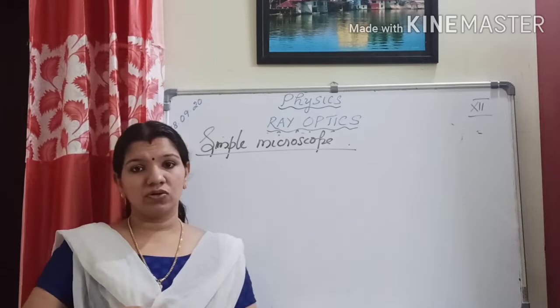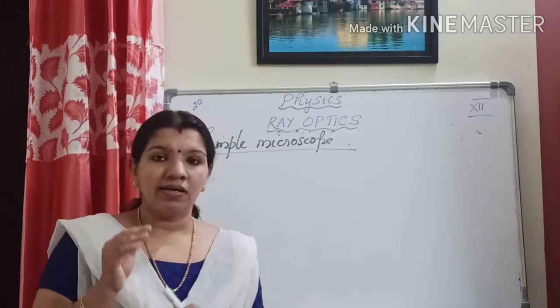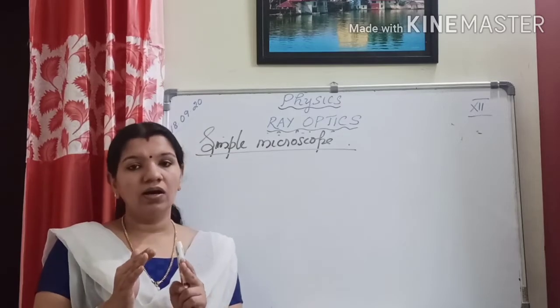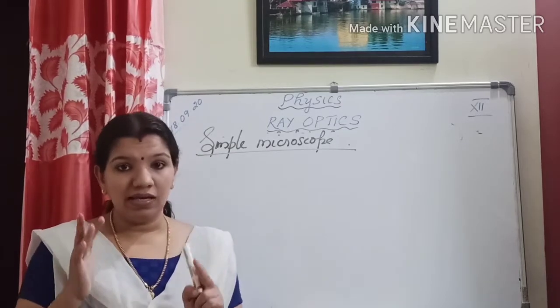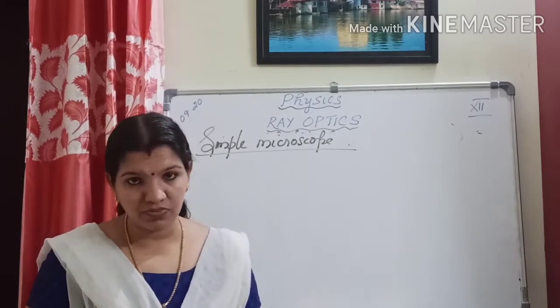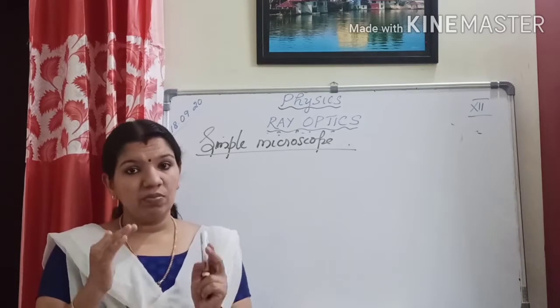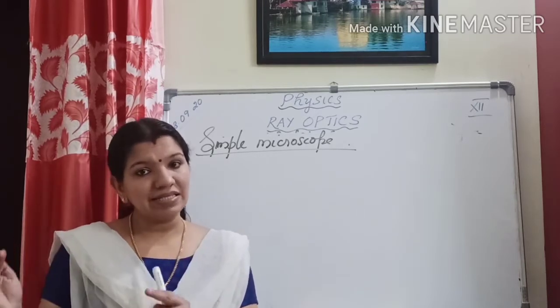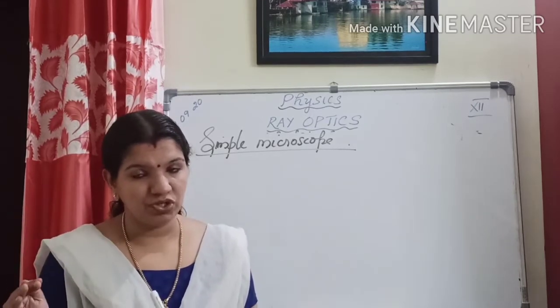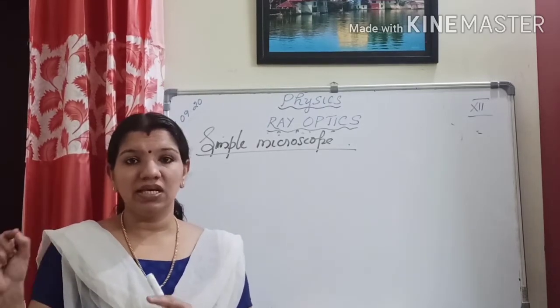In the case of microscope or telescope, you have to study two cases. The first case is where you are getting an image at the least distance of distinct vision, or near point. Understand? And the second case is when the image is formed at infinity.